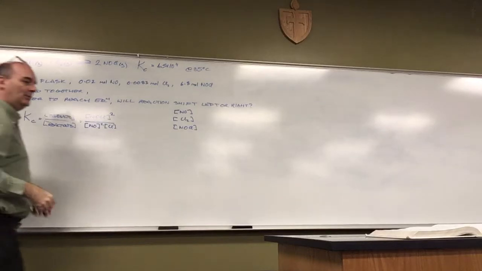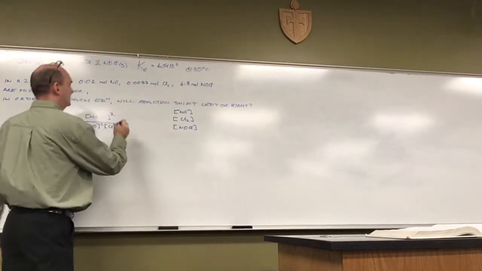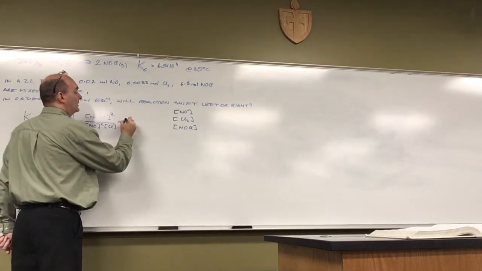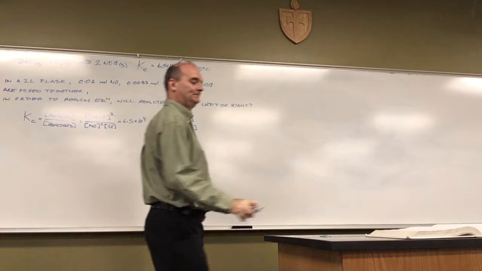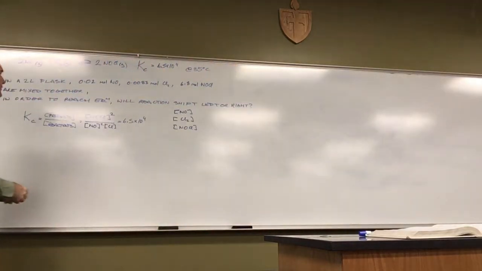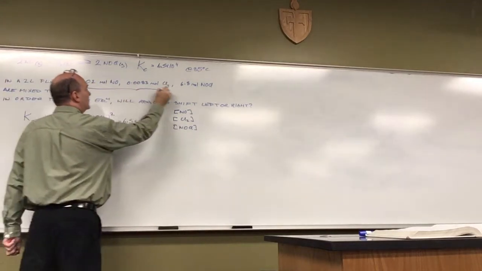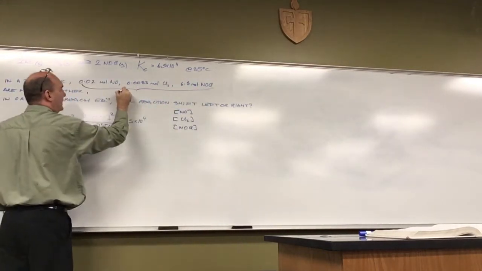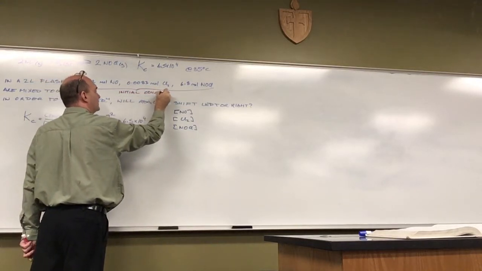At equilibrium, all of that equals 6.5 times 10 to the 4. Okay. I don't have equilibrium concentrations. These are what I would call initial concentrations.